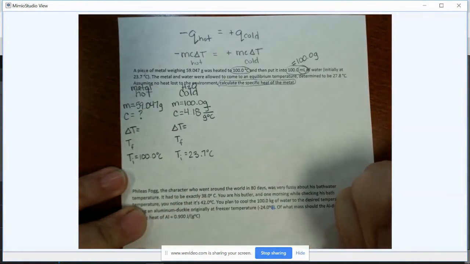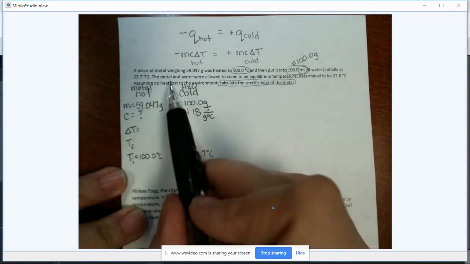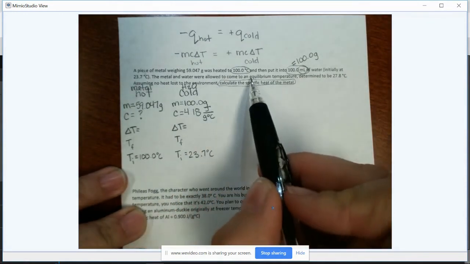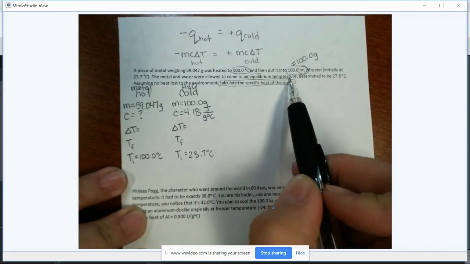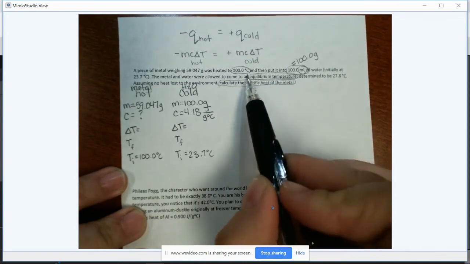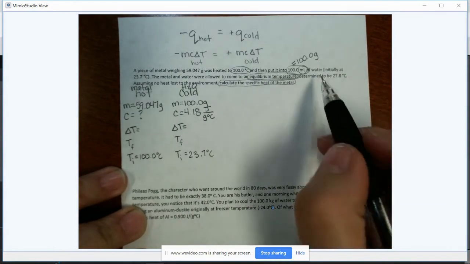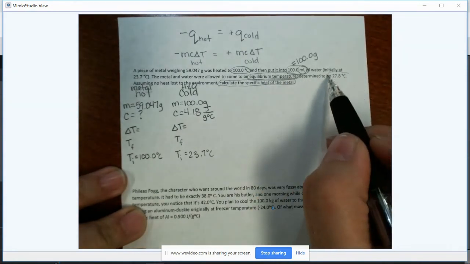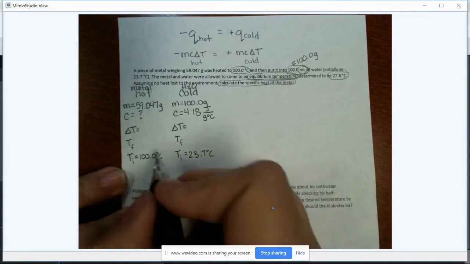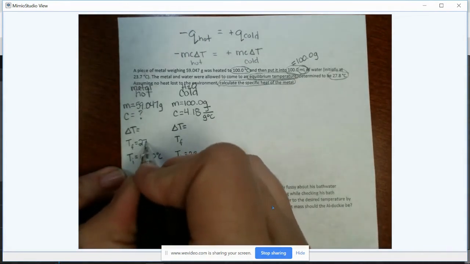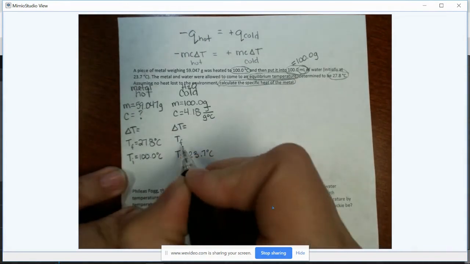It says the metal and water were allowed to come to an equilibrium temperature. That means an equal temperature. We just talked about how the final temperature has to be the same for both the metal and the water. And that equilibrium temperature is 27.8 degrees. So the final temperature for both of these is 27.8 degrees Celsius.